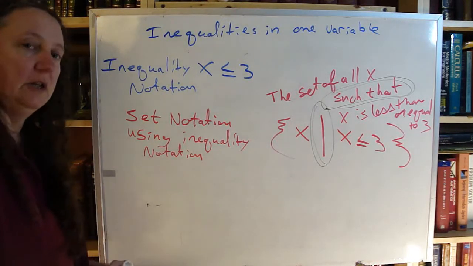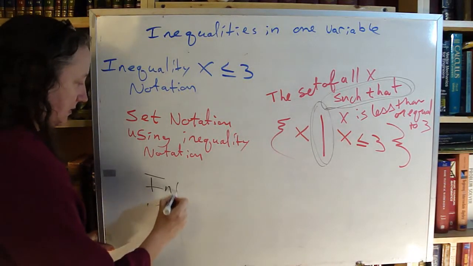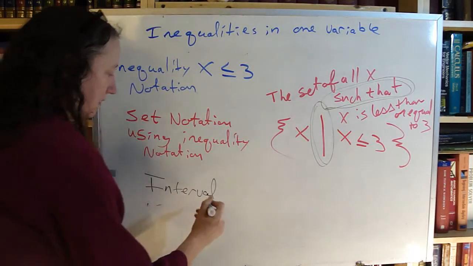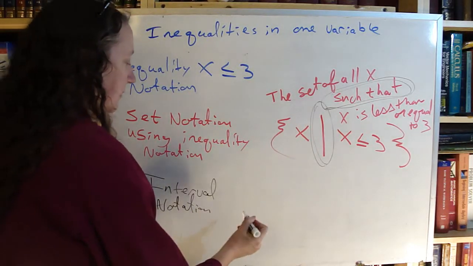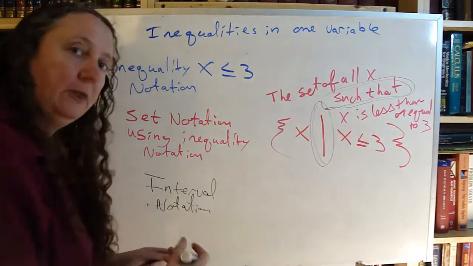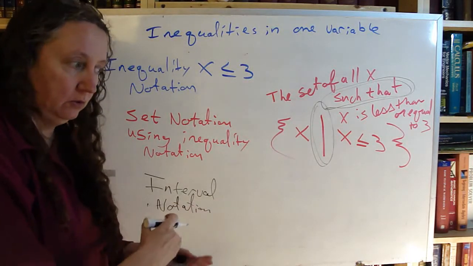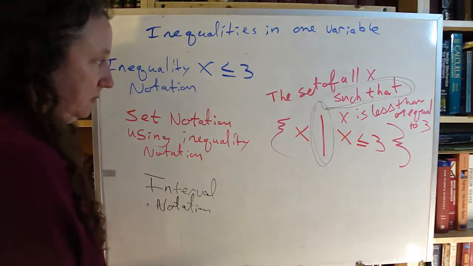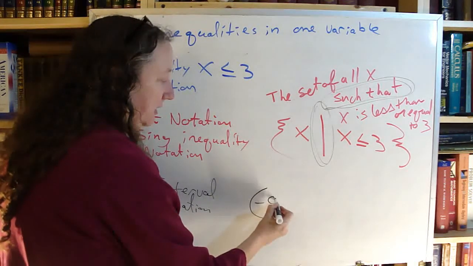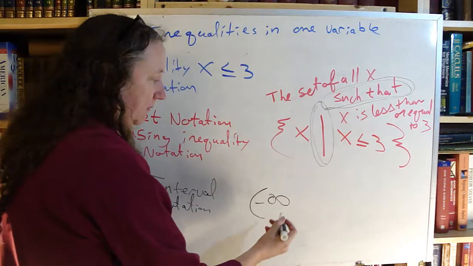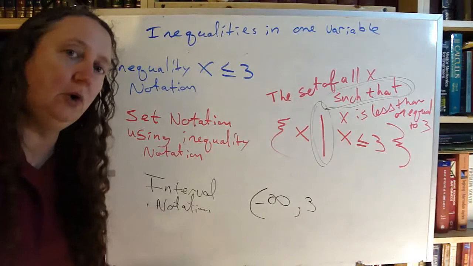And then the other notation that you need to know is interval notation. And that is where we use parentheses and brackets to represent whether it's going to be equal to or not equal to. So if x is less than 3, it can go all the way down to negative infinity. And it can go all the way up as far as 3, but it's not allowed to go any further than 3.